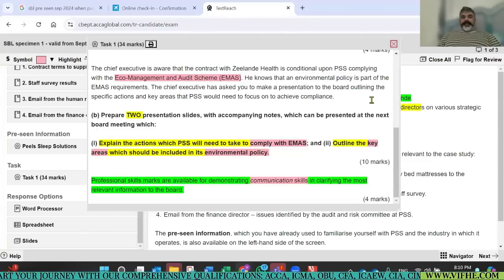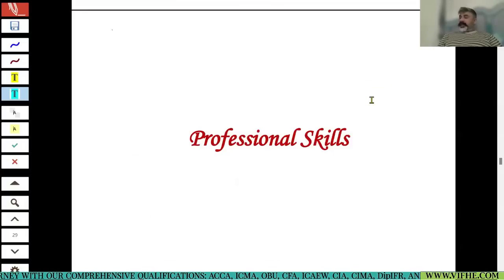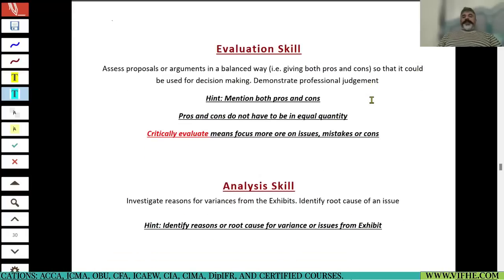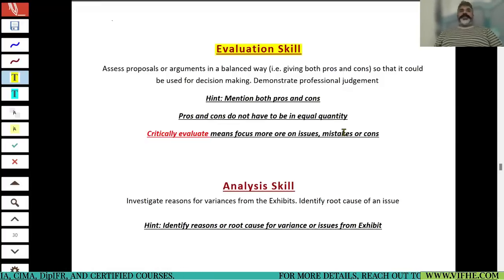All right. So now let's go through the professional skills, and after that, we will take a quick break. The first professional skill is called evaluation skill. It's very simple. Evaluation skill means we have to evaluate something. In simple words, you have to discuss both pros and cons of that requirement, of that exhibit.